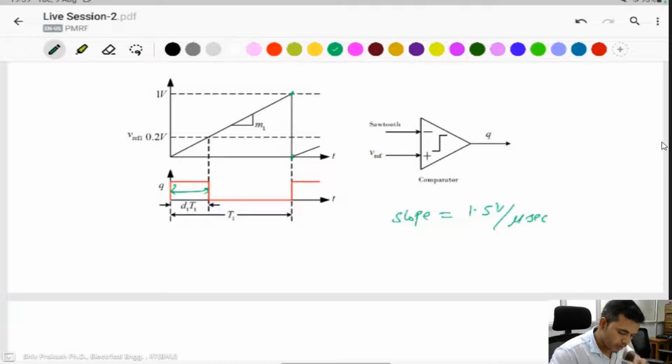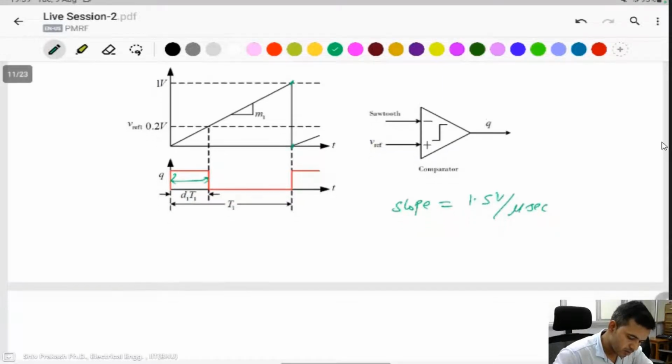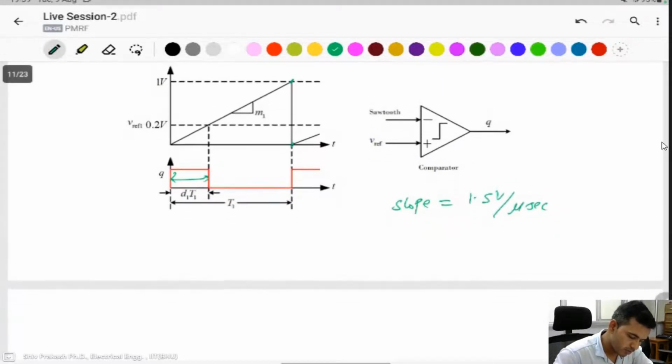And 1 volt equals the time period. When it goes to 1 volt, what is the time period of this waveform?